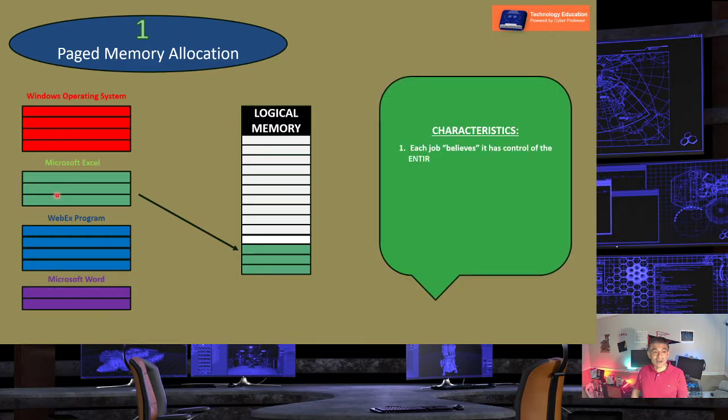Each of these 4 jobs believes it has full control of the entire memory. The operating system allows for each of these programs to behave this way. A program's view of memory is called logical memory.